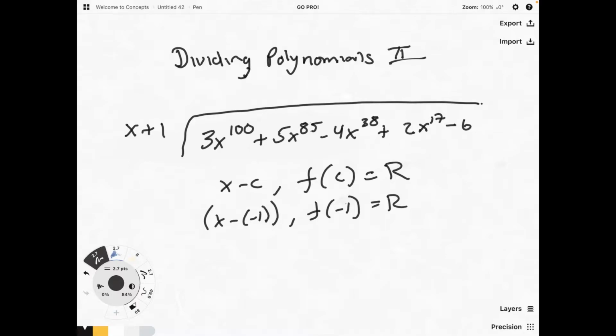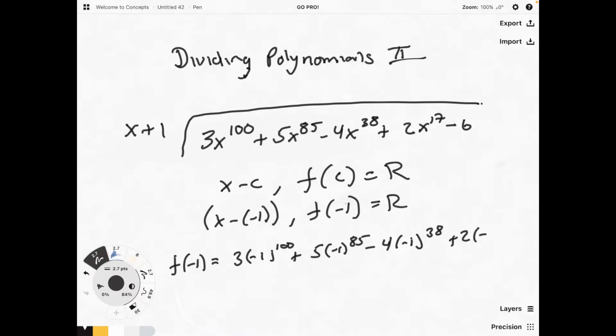If we plug in negative 1, then we have f of negative 1 equals 3 times negative 1 raised to the 100 plus 5 times negative 1 raised to the 85th minus 4 times negative 1 raised to the 38th plus 2 times negative 1 raised to the 17th minus 6.